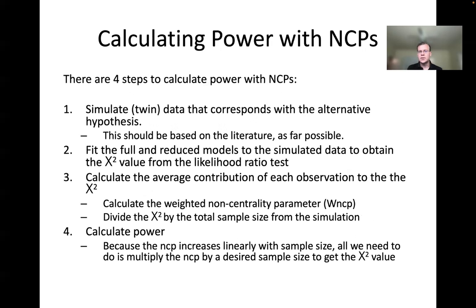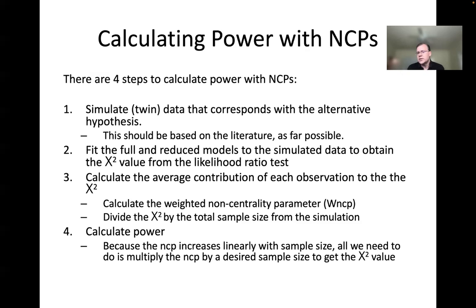Okay. So when we're calculating power with non-centrality parameters in twin models, we've got four basic steps to follow. The first thing is to simulate twin data that corresponds with the alternative hypothesis. Say we want to know the power to detect an additive genetic variance component of 0.4.